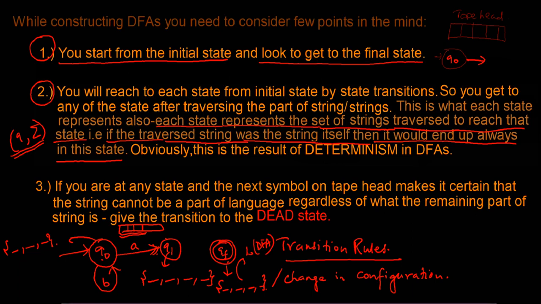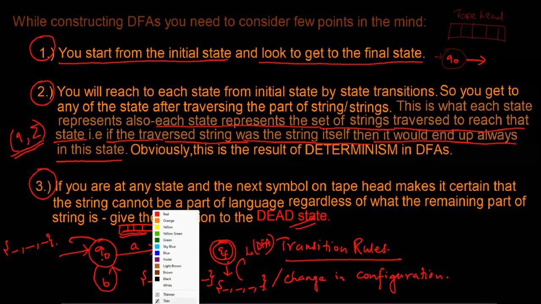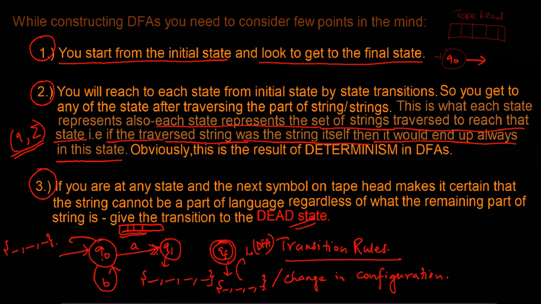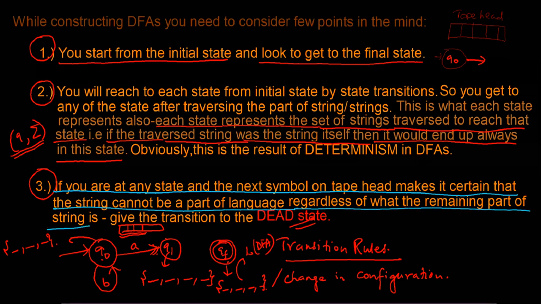There is a third guideline, and it is about the dead state. If you are at any state and the next symbol on the tape head makes it certain that the string cannot be part of the language, regardless of what the remaining part of the string is, then you give the transition to the dead state.